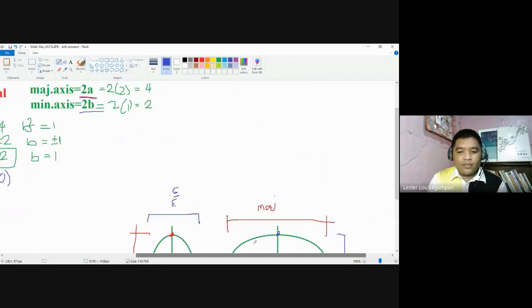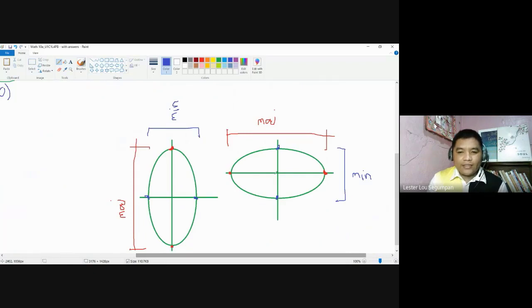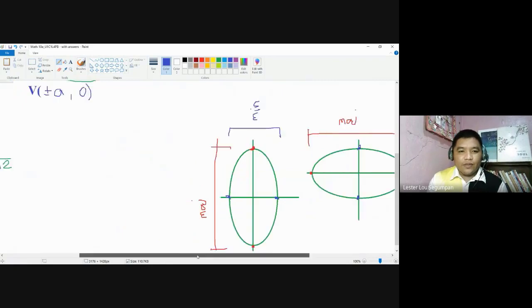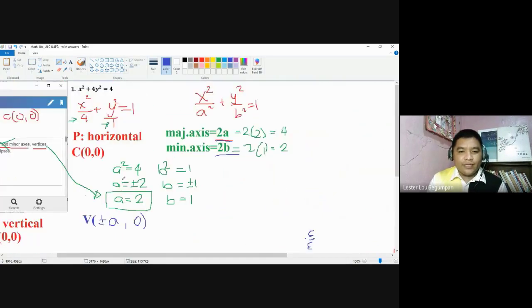Why? Because the value for the y-axis here is 0 since the center is at the origin. So these are the 2 points for our vertices.